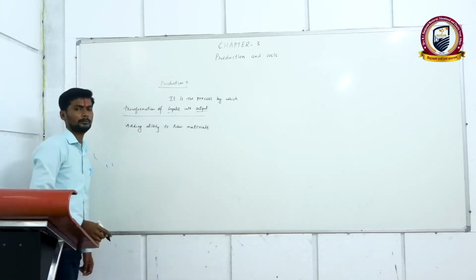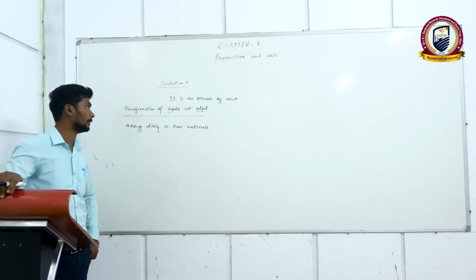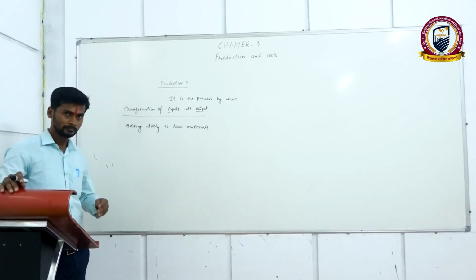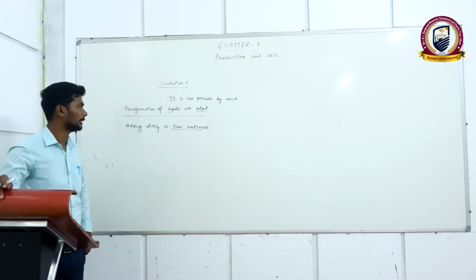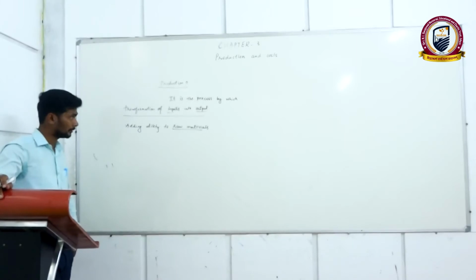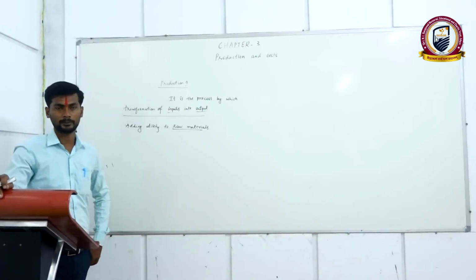So this is also a right definition of production. You already know what raw material is, I explained it, and you also know about inputs and output.